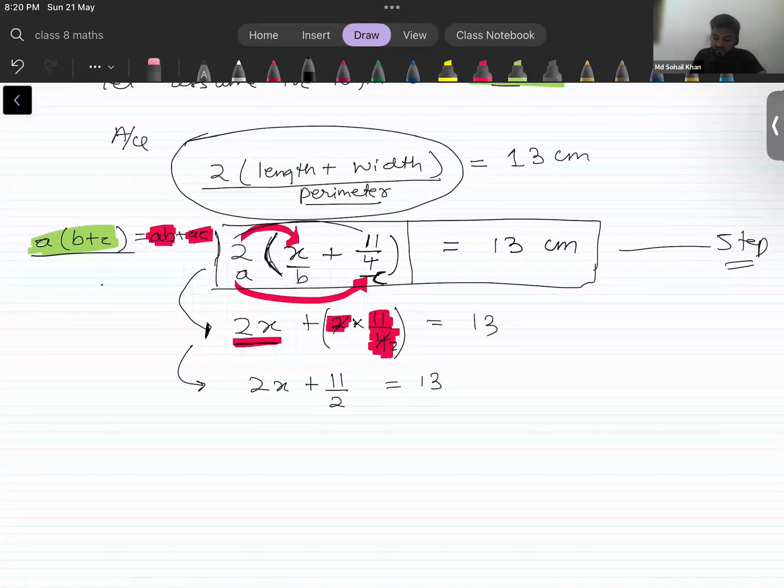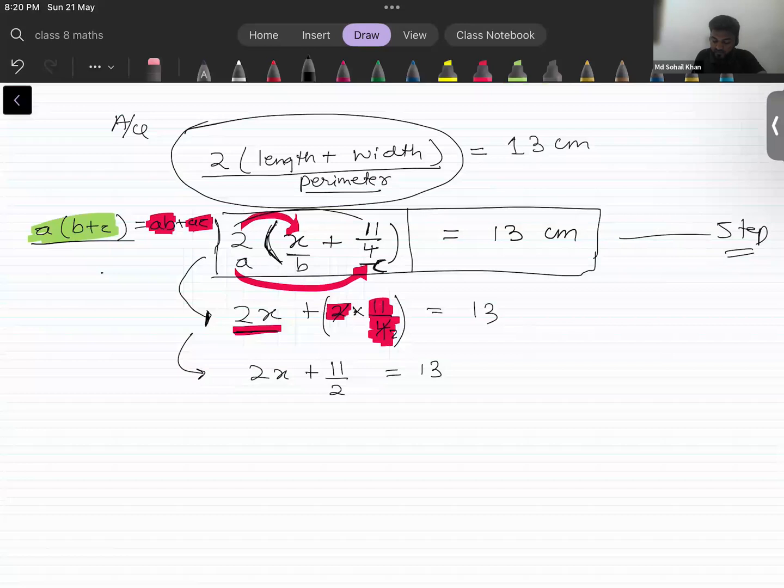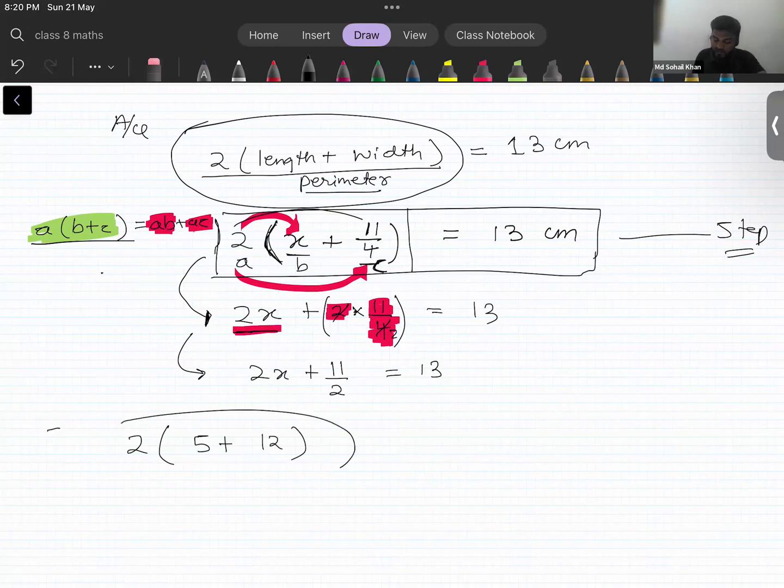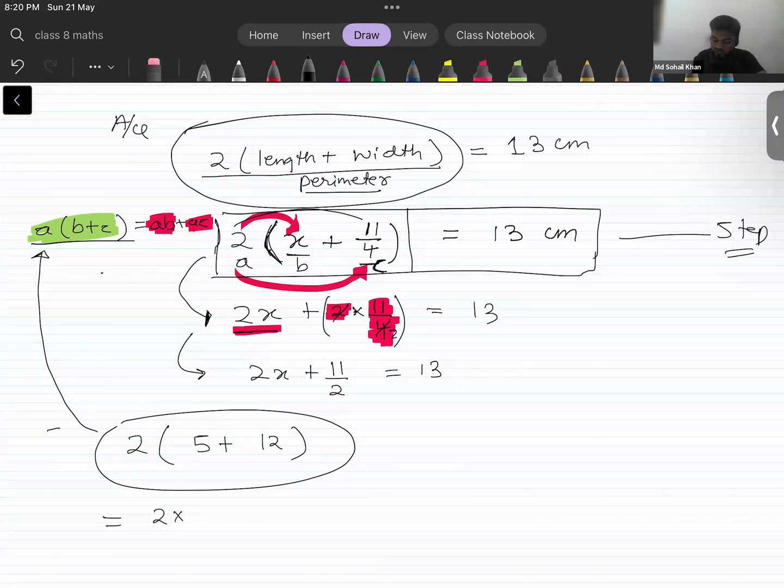Let me give you an example. Then it will become clear to you. Let's say 2 multiplied 5 plus 12. Write this according to this formula. How will you write this? 2 into 5, 2 into 12.